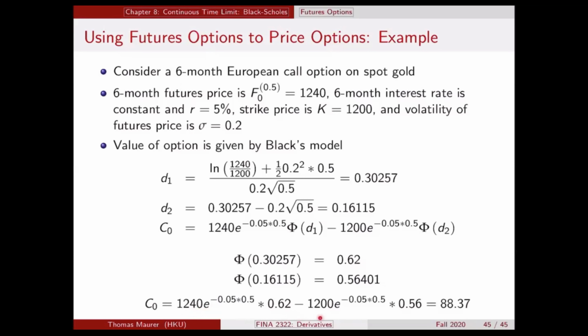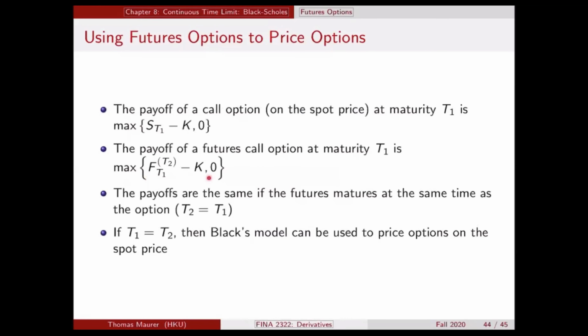$88.37. Notice now that the futures call price is actually the same as the call price written directly on gold itself. Why? Because the futures also has 6 months to maturity like the option. So the futures and the option both have the same maturity, meaning that the futures option payoff is the same as the option written directly on gold itself.